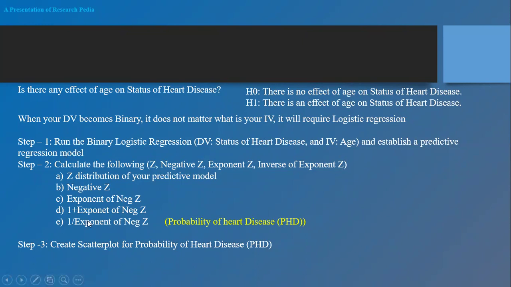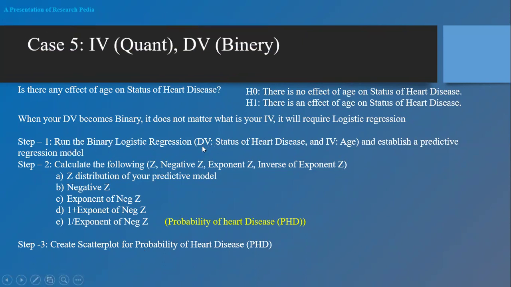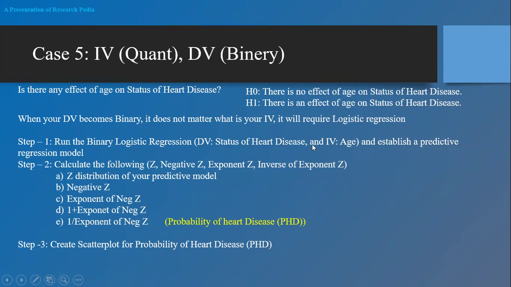First of all, this is the step-by-step procedure, and I will guide you throughout the process in order to understand it. As step 1, we need to run the binary logistic regression, where we consider status of heart disease as a dependent variable and age as an independent variable, because we are interested in knowing the effect of age on status of heart disease.